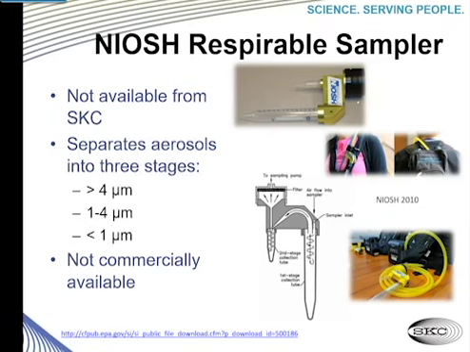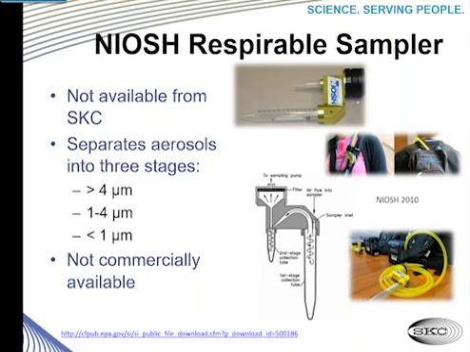Okay, although not available from SKC, this is worth mentioning. This is a sampler that was developed by NIOSH. The NIOSH sampler is unique in that it size fractions aerosols and collects them in disposable centrifuge tubes, facilitating direct processing of samples.